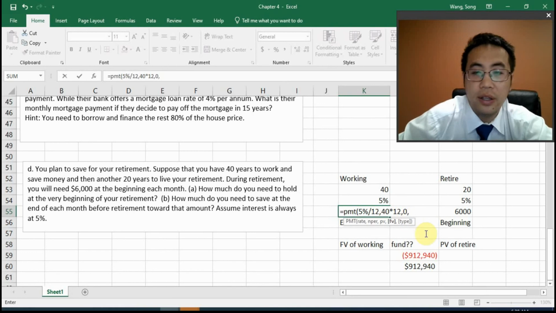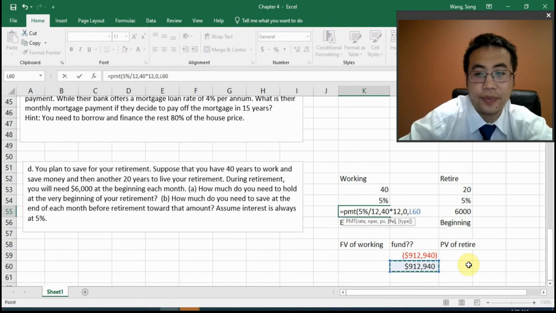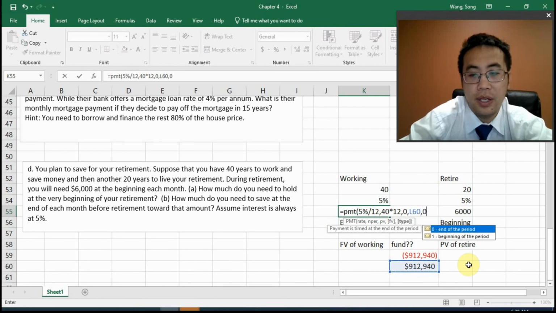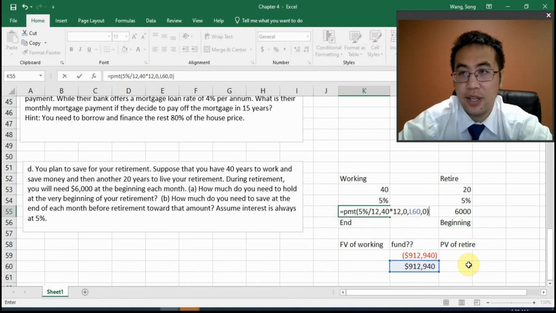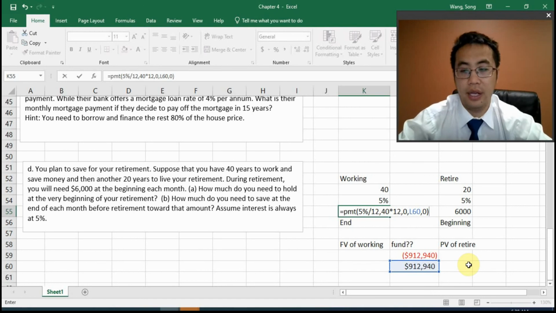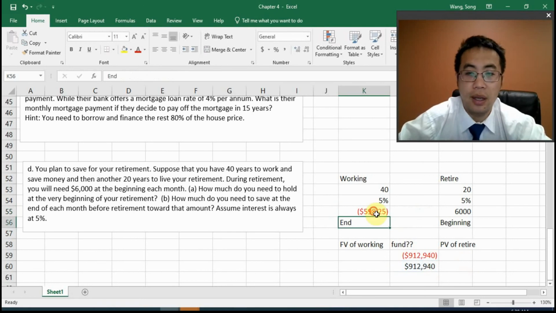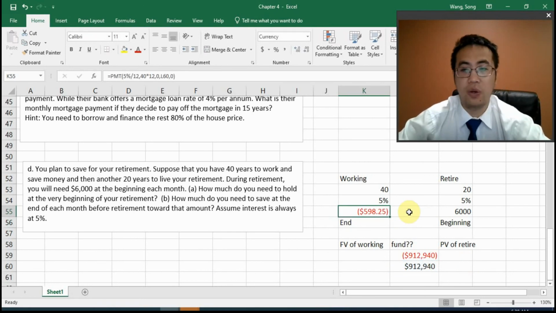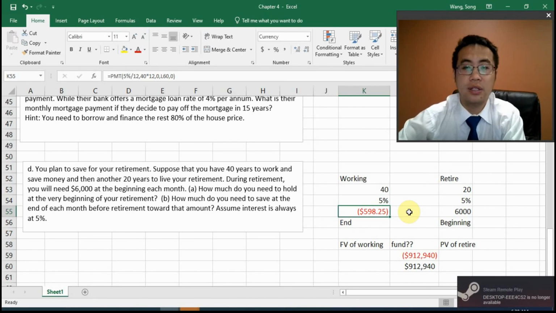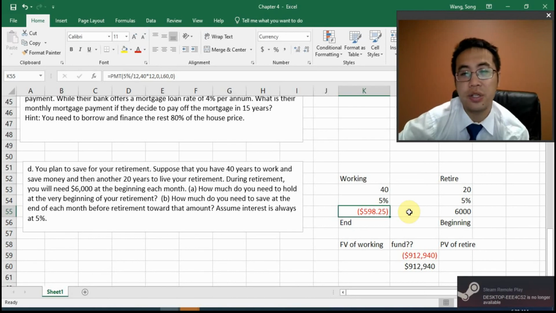And then the $912,000 is my future value. All right, and the type here is 0 because I can only save after I get a paycheck after the end of each month. And then this would be my monthly saving toward retirement. This is around $600, which is not that bad.